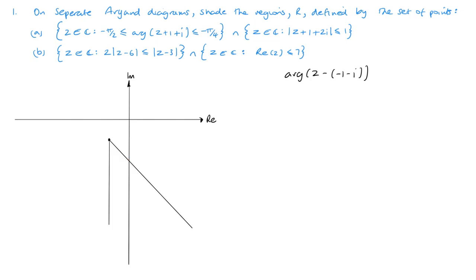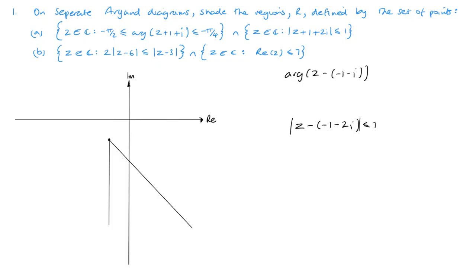Okay, now let's look at the second one, so this part. So we've got |z - 1 - 2i| ≤ 1. Now this is going to be a circle.